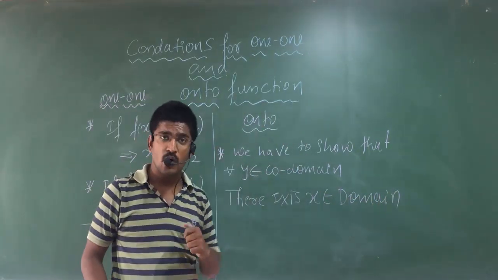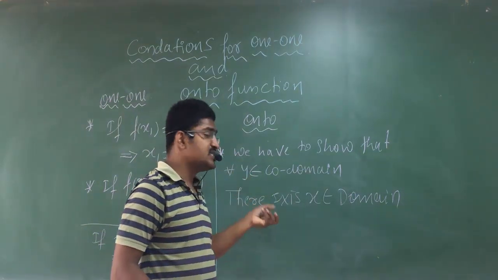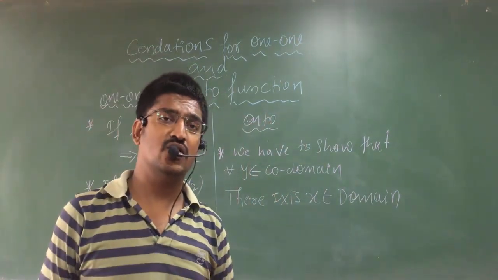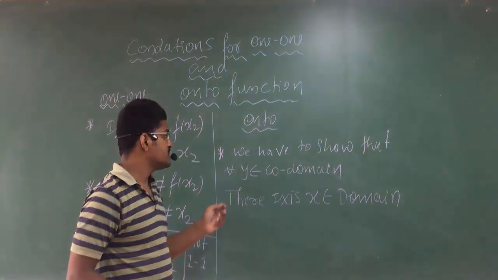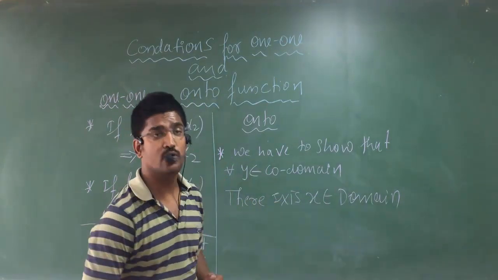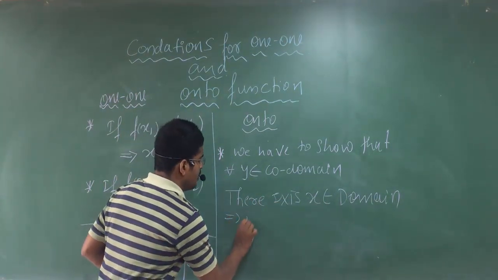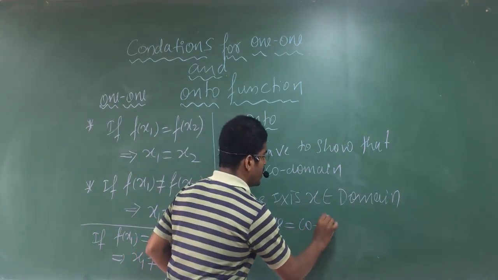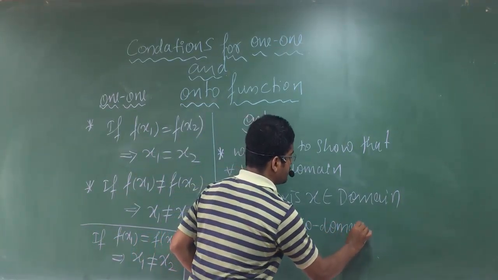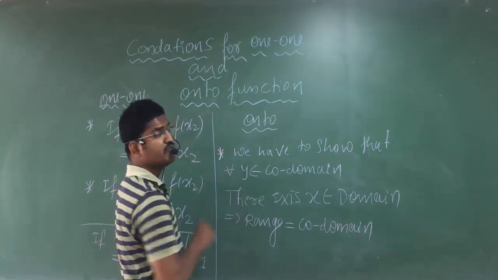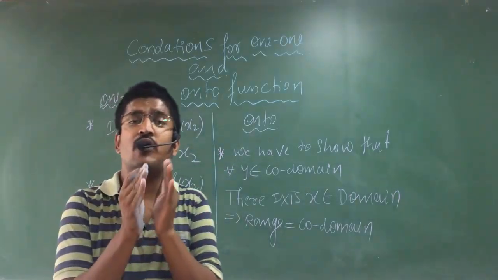This we have to prove. Clear? If you prove this, then the function is going to be onto. That means for every y belongs to codomain, there exists x belongs to domain. That you have to prove. This implies range is equal to codomain. Are you clear? So this is the condition for onto which you have to prove.